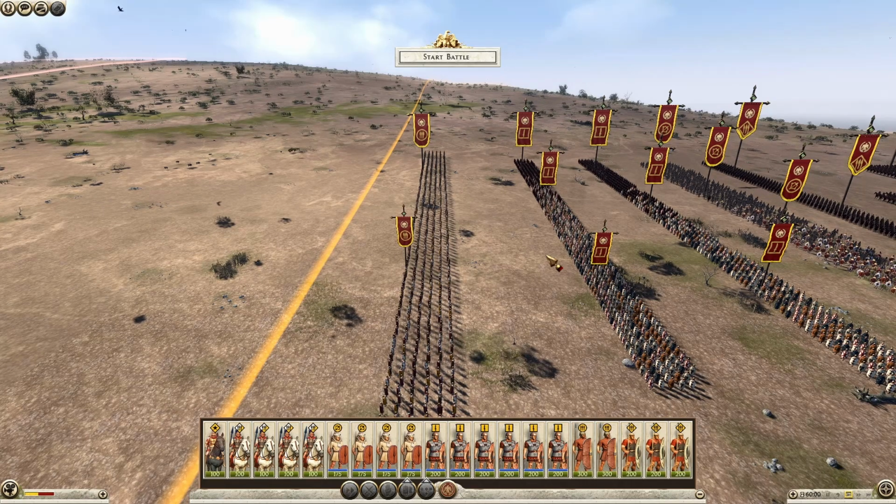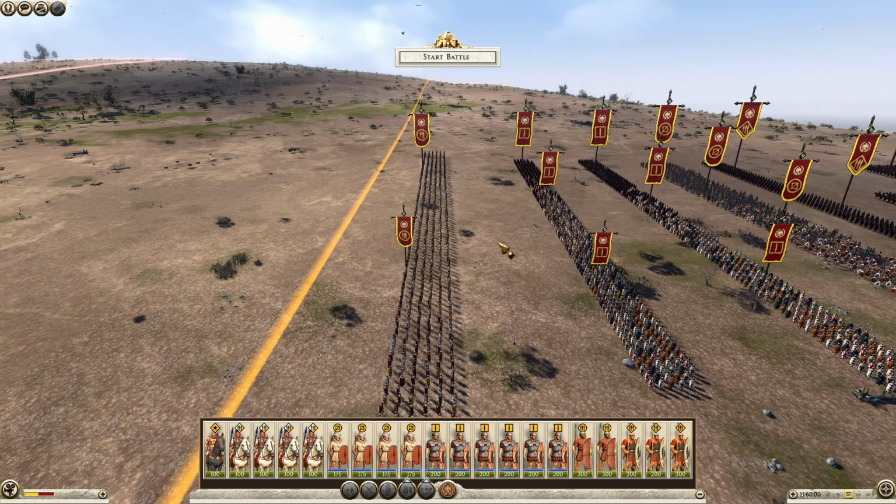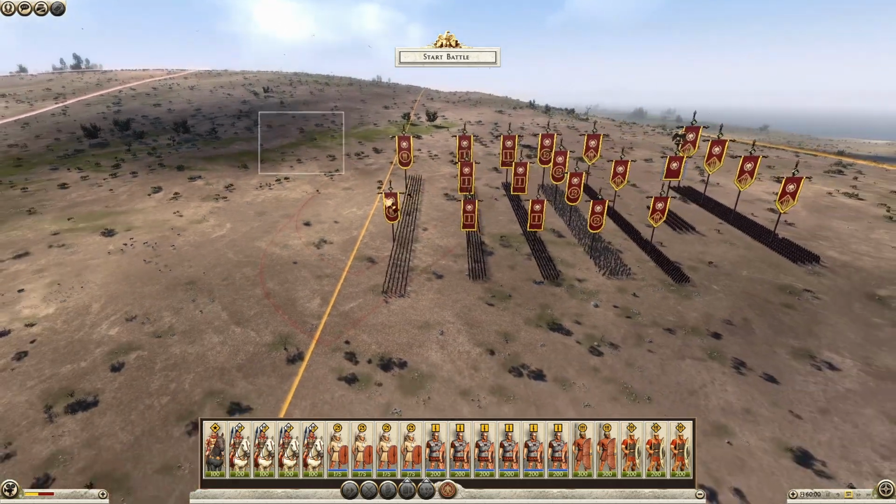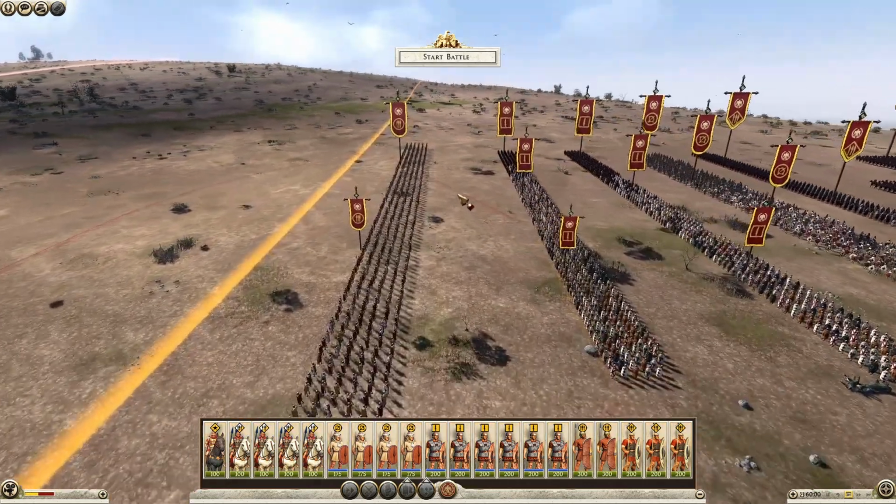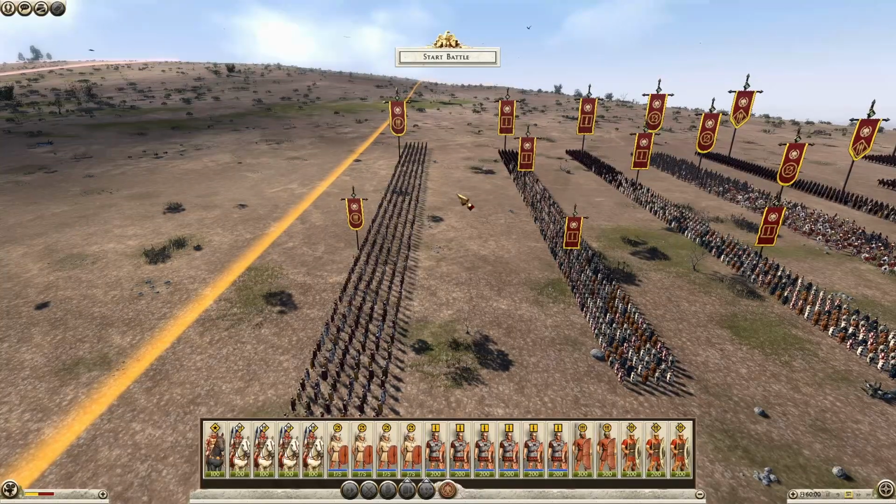The Romans have access to a wide range of units. They have the largest unit pool compared to other factions, and a large set of auxiliary troops you can recruit everywhere.